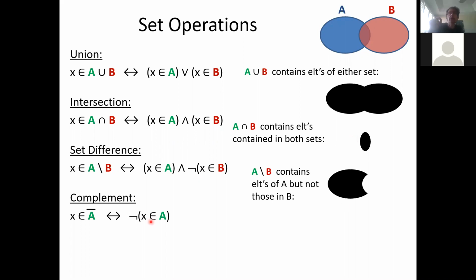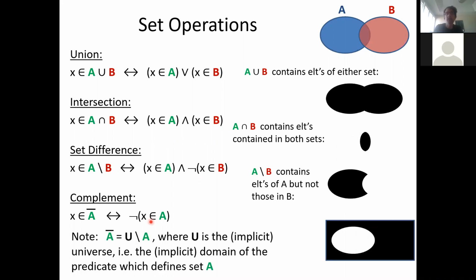And negation in Boolean logic also has a natural equivalent in set algebra. It's a complement. So if A is a set defined by some predicate associated with it, and as I said, every set has a natural predicate satisfied by elements of set A and nothing else.